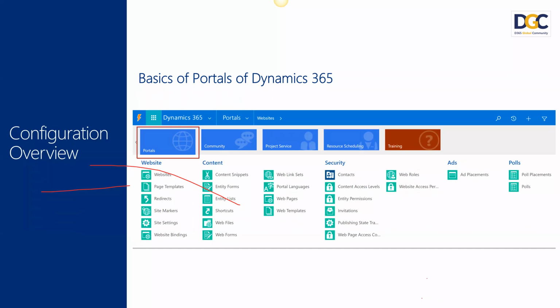I work on custom portal implementations, and when looking at the portal entities in Dynamics, a lot of them are self-explanatory. For example, we know what redirects are, what site settings are, what invitations are, like ads, polls, and poll placements. By looking at them, you get a pretty good idea what they are for, and a quick read will give you a pretty good idea about them.